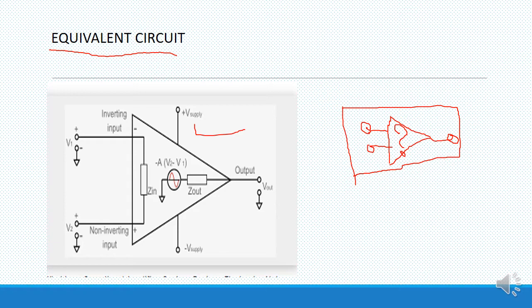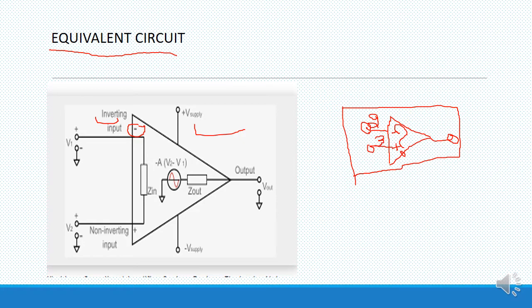So what we have studied till now, it has two inputs. One is called the positive, another one is called the negative. Always the first one is called the inverting input. So you see, always we are putting minus here and plus here. According to the pin diagram, it is pin 2 and pin 3.